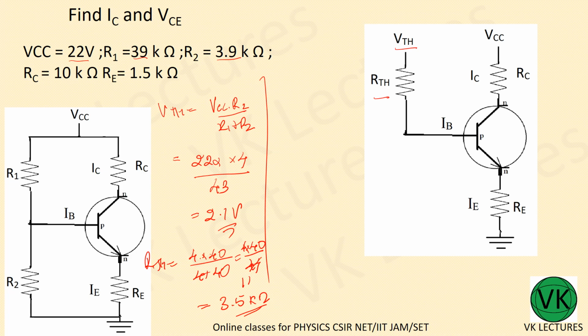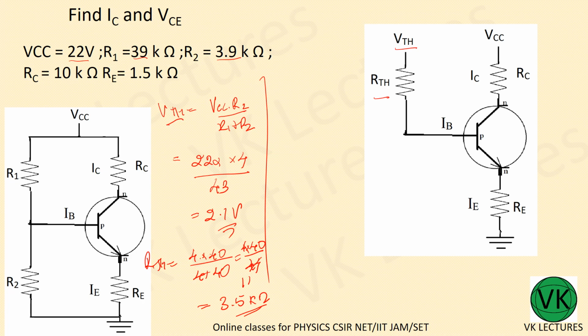So this is 3.5 kilo ohm, and this is 2.1 volt. Just check the values of VTH and RTH once again.